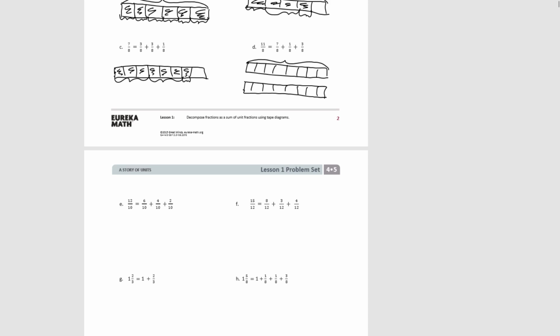The 2 wholes have to be exactly the same size. We're talking about 11/8, so we do have 8, 9, 10, 11. And we bracketed the first 7, and then 1, and then 3 to match the number sentence.